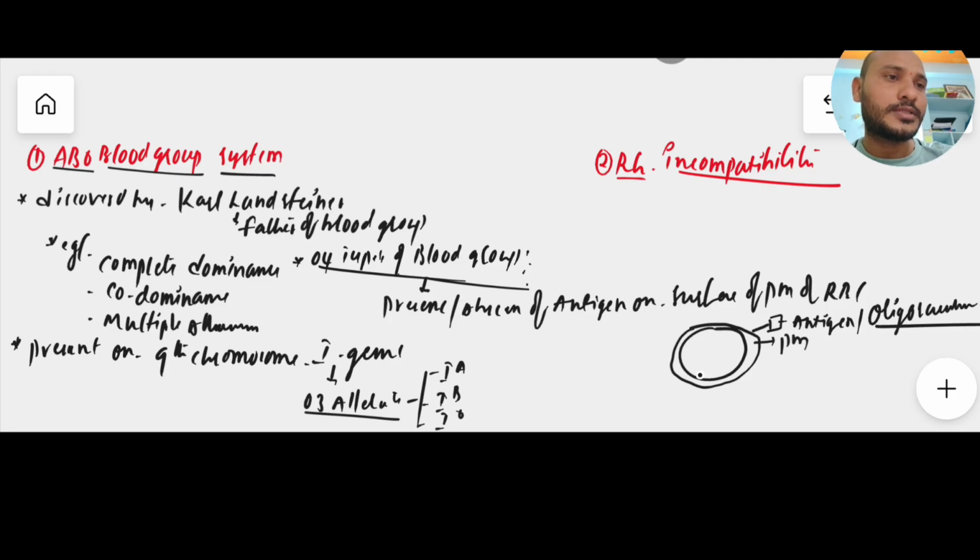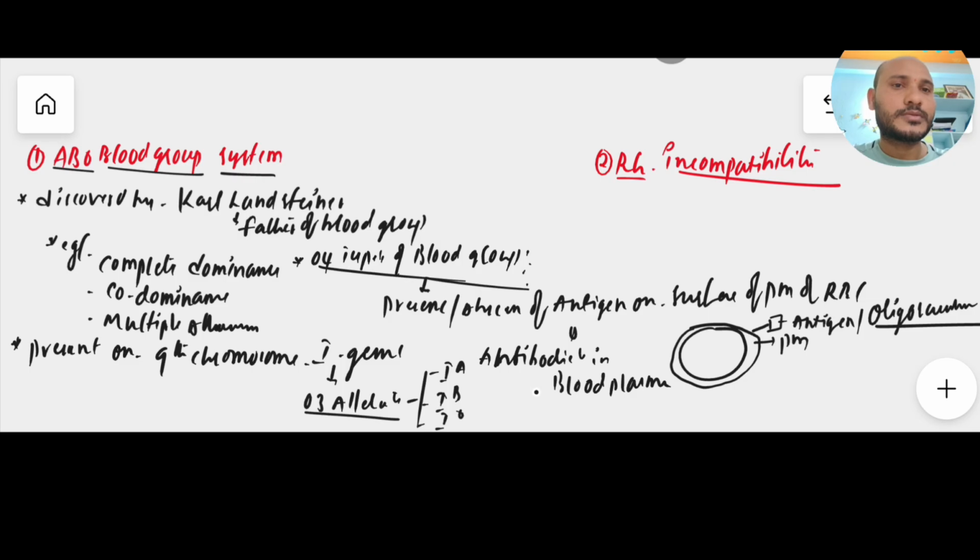Depending on the antigens present on the surface of the plasma membrane, we have different types of blood group. Not only that, but also the presence or absence of antibodies in blood plasma.